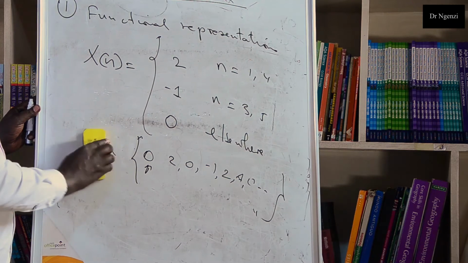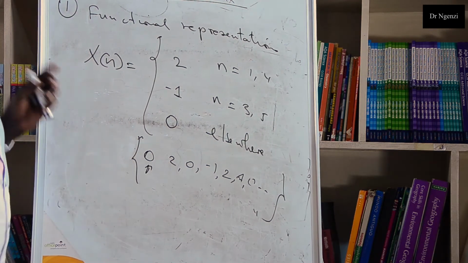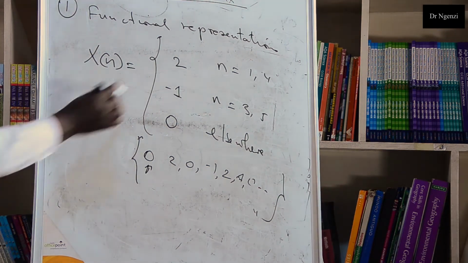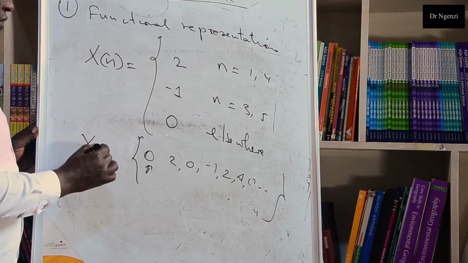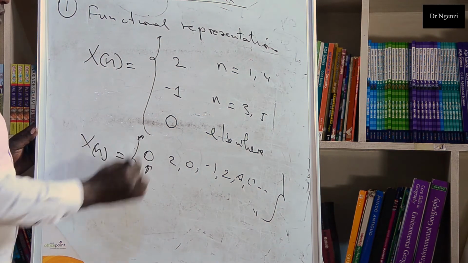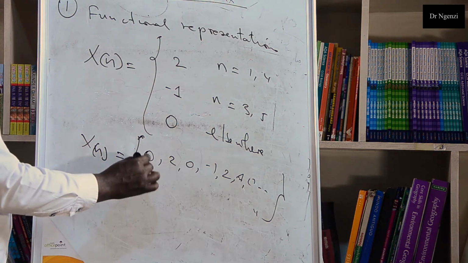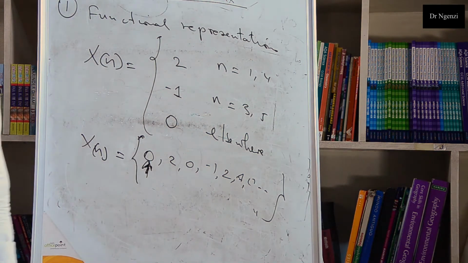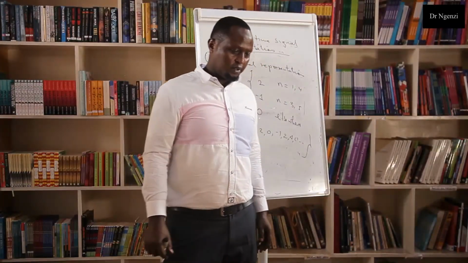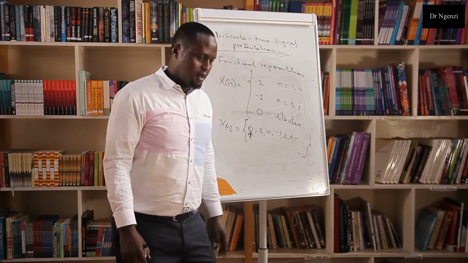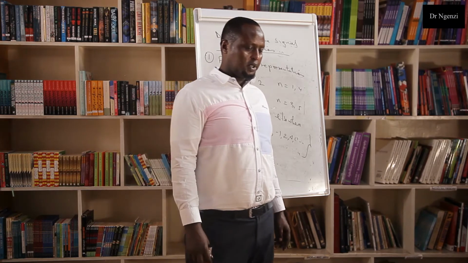So this is what we call functional presentation. Interpreting the above, you can get x of n equal to that function. This arrow shows the start of the function, which is 0 elsewhere, and the other numbers are going to repeat.